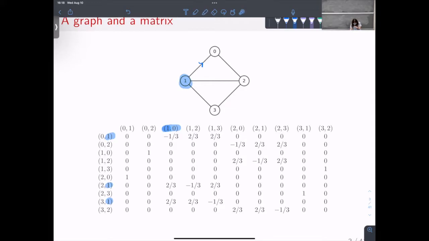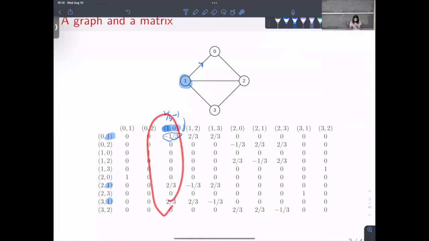And if the arc is not the opposite of the arc we started with, then it's going to receive 2 over the degree of the tail. So 1 has degree 3. That's why you see 2/3 for 2 going into 1 and 2/3 for 3 going into 1. And if the arc is the opposite of the initial arc, then we get 2 over d minus 1. So in this case, you have 2 over 3 minus 1, which is equal to 1/3.